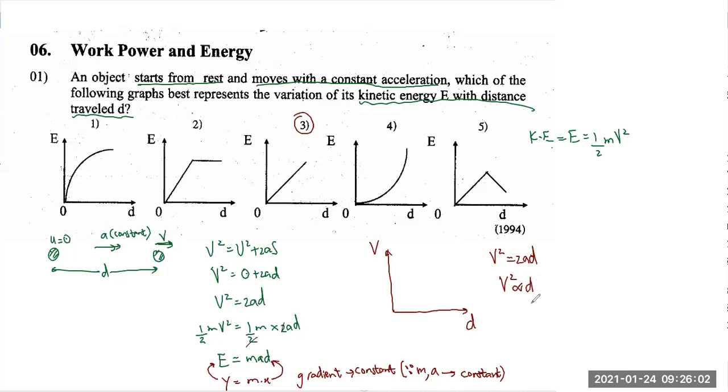Therefore, when you plot a graph for v squared and d, the graph will actually be this. This is how the graph is going to be.